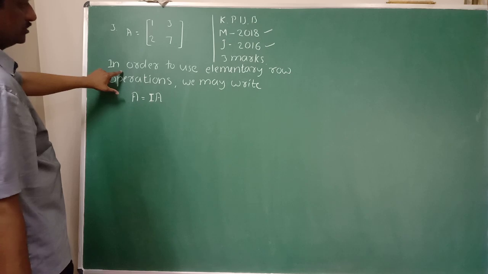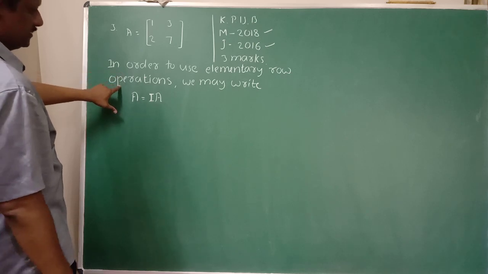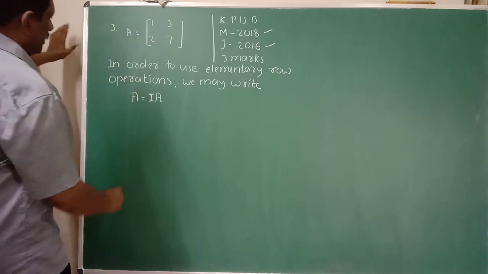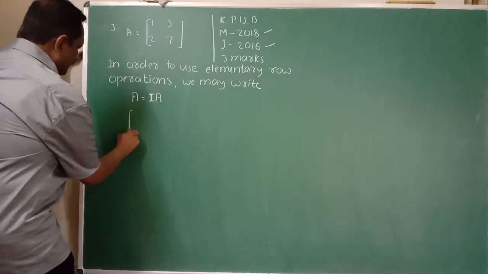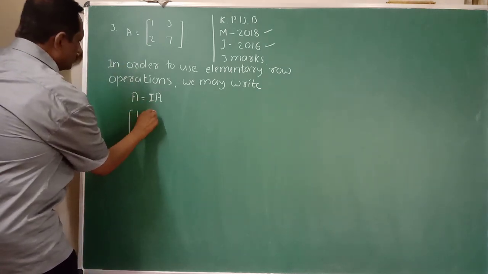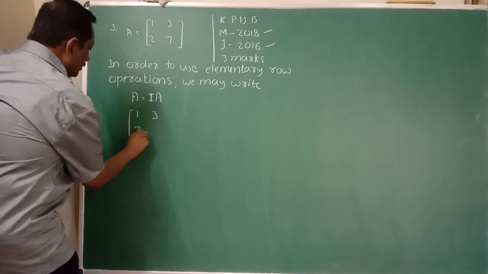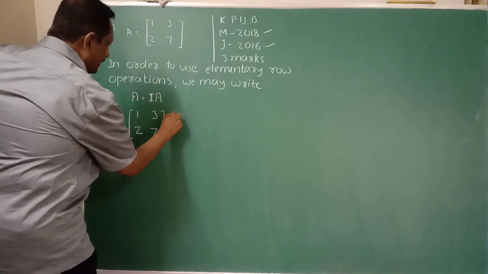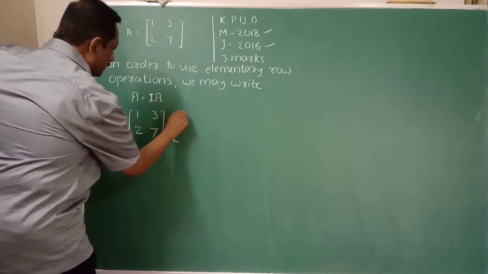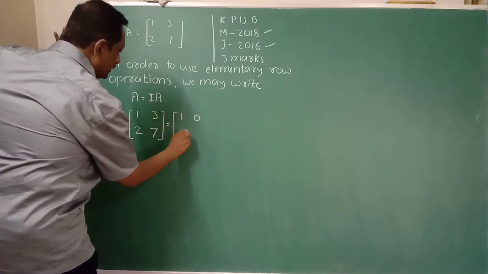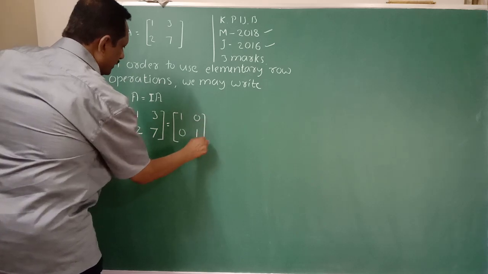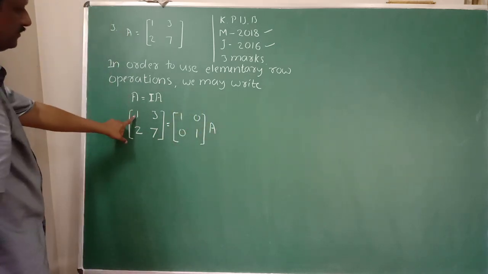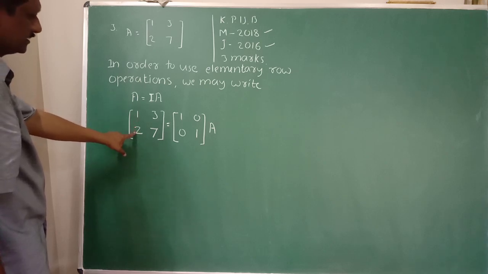So third example here, asked 2 times. In order to use elementary row operations, we may write A is equal to I into A. A is the given matrix 1, 3, 2, 7, and I is the identity matrix 1, 0, 0, 1, into the matrix A. Again there is already 1 here, just make it a 0.